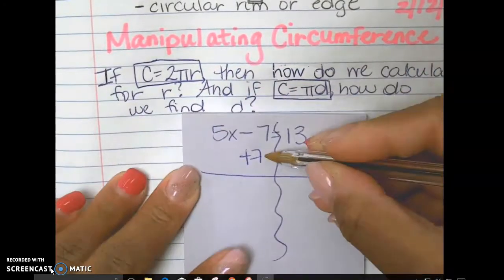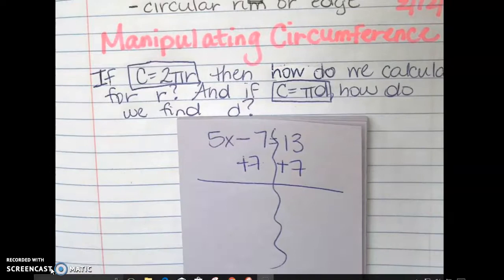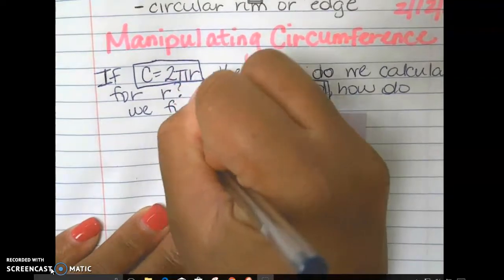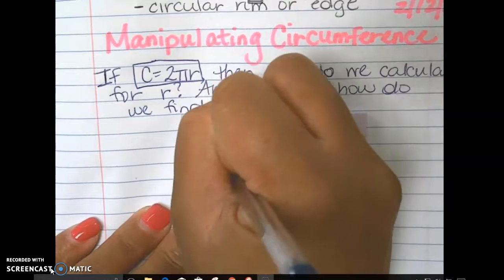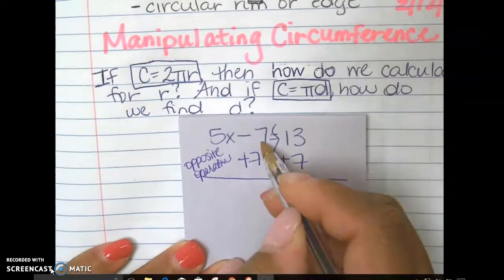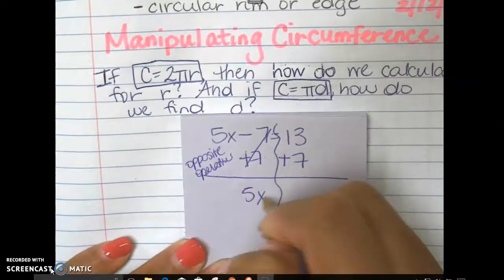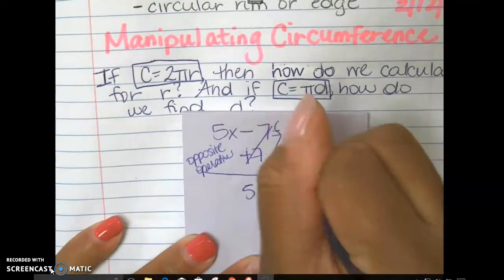And what is this called? Equalize. Well, it's going to cross out, but what were we doing here? The minus 7 and plus 7 are what? Opposite operations. So, these 7s cancel out. 5x equals 20. Now what?